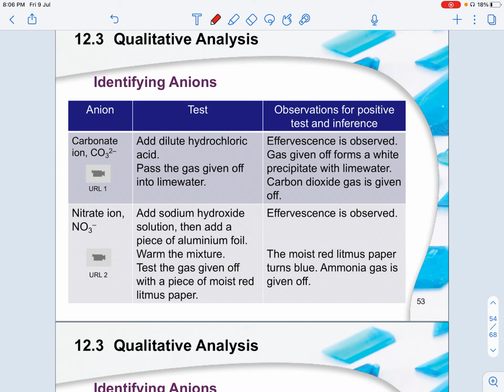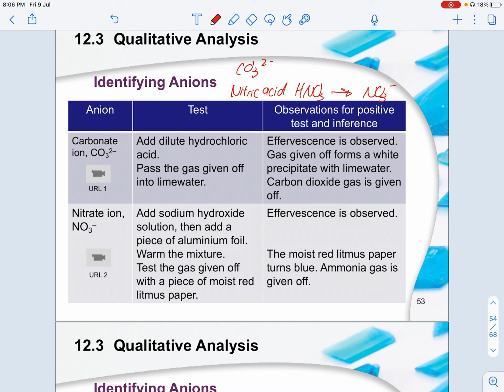So for the anion, there are a few common anions that we tend to use. In our acid-base chapter, you have your carbonate, which will produce your carbonate ion. You have your nitric acid, which is HNO3. It will generally produce your nitrate ions.